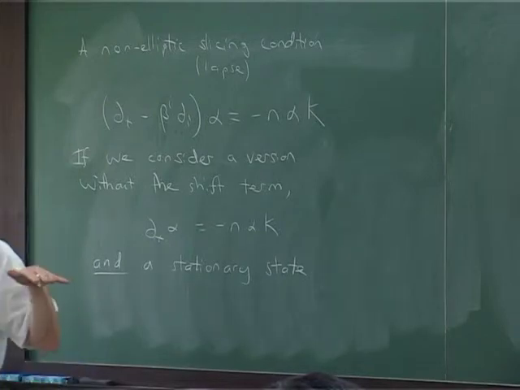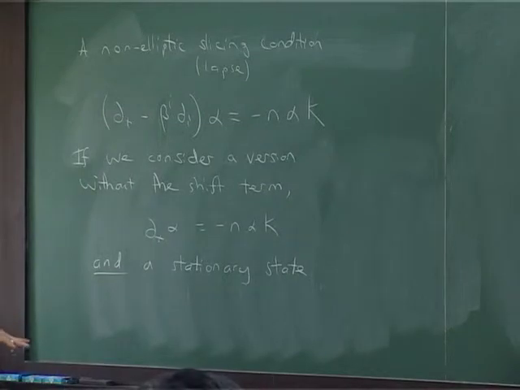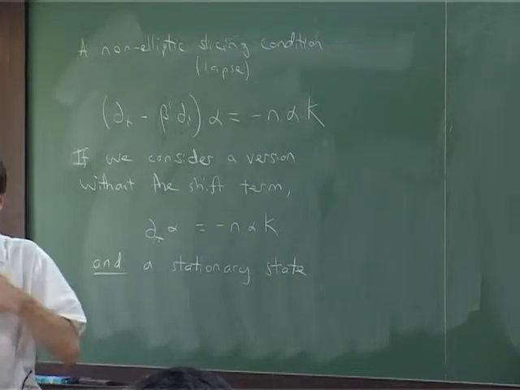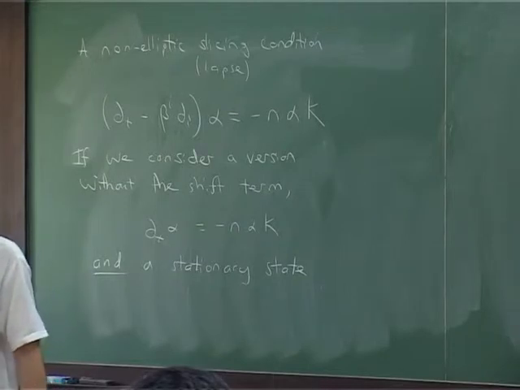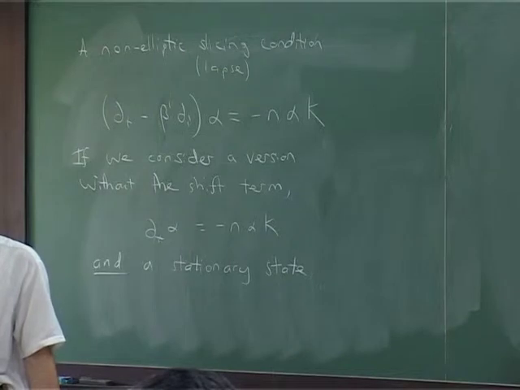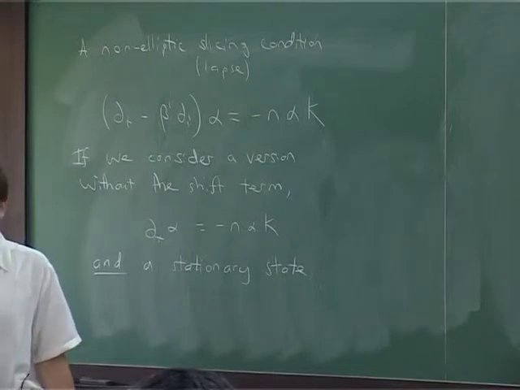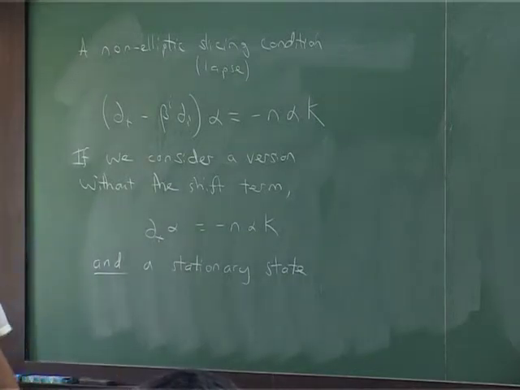If we start with a lapse equals 1, we know things are going to change, and the system will evolve. If it's going to eventually settle down to something stationary, where by stationary I just mean in a very practical sense that the data in your code don't change very much from one time step to another, and you can essentially stop because you're not going to learn anything new. That's what I mean by stationary.